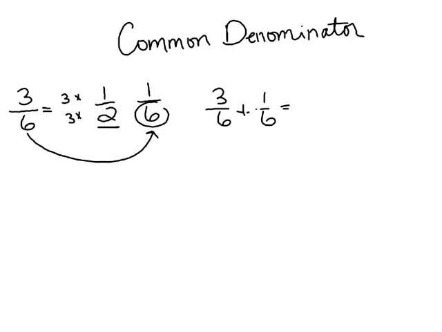No. Why not? Because you changed it to match so that it would stay the same. Okay, my bottom number stays the same. So 3 plus 1, but I'm still working with pieces of a sixth. Now I have 4 pieces of a sixth, which is also 2/3. So 2 will go into 4 twice, and 2 will go into 6 three times.